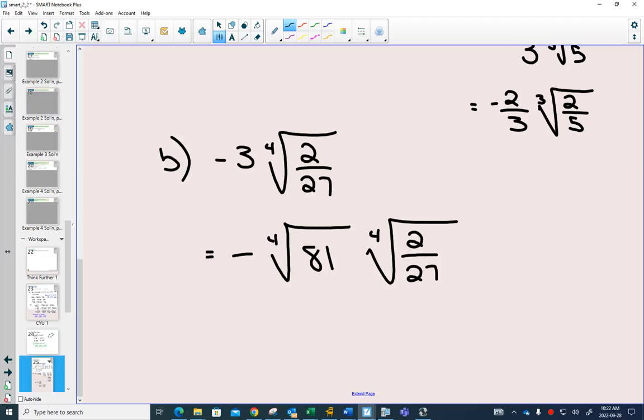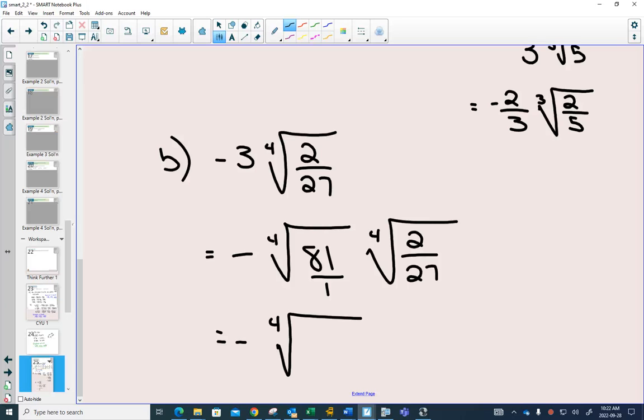Now, I can take 81 and I can think of it as a fraction. Because now we can put this together as one big 4th root. Now, how do you multiply fractions? You multiply the tops and you multiply the bottoms. So some of you will take this and do 162 over 27. But then we need to have our fraction in lowest terms. So for me personally, when I'm multiplying fractions, I always look, is there something I could simplify early?